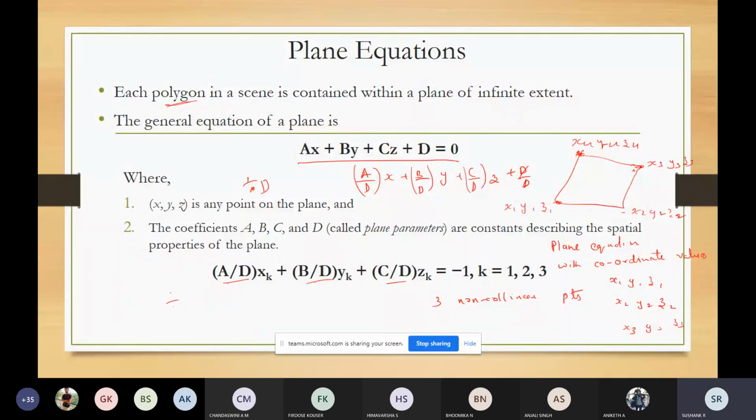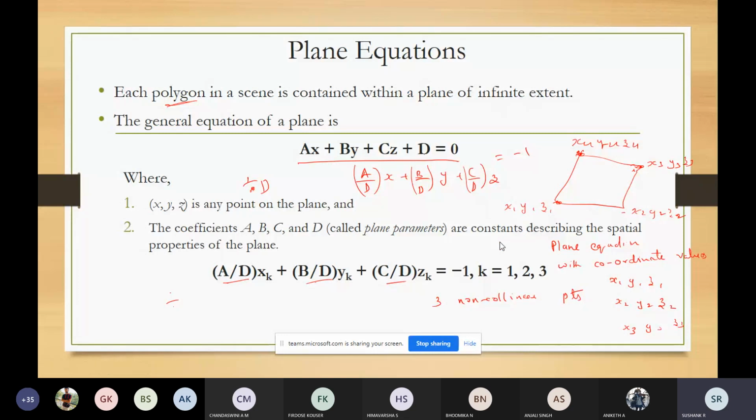The d by d will be 1, which is equal to 0. If I shift this to the right hand side, it becomes minus 1. That's why you get the equation where the value of k will be 1, 2, 3.